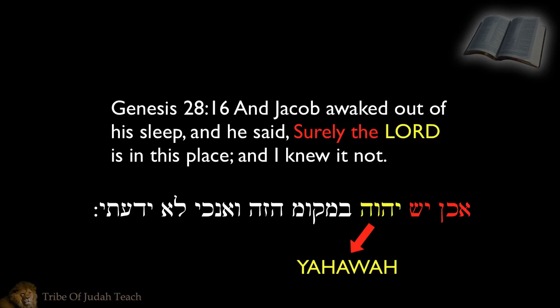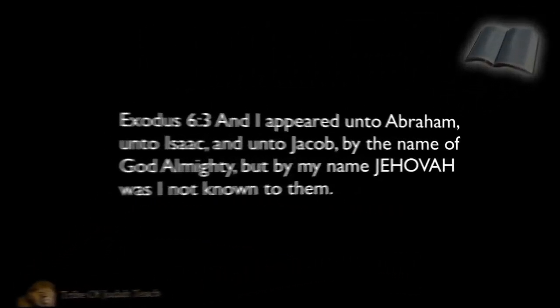So we clearly see, and we know for sure now, that Abraham, Isaac, and Jacob knew the name Yahweh. The Most High told them that was his name. So what that means is we have to go back to Exodus 6 and 3 and get the proper understanding. Let's read it again.